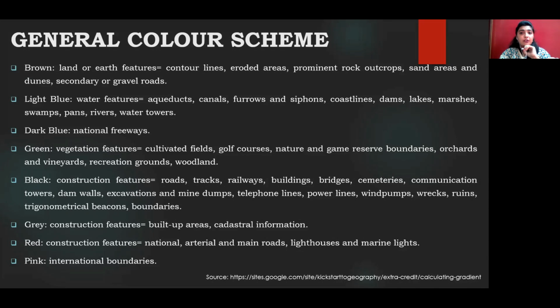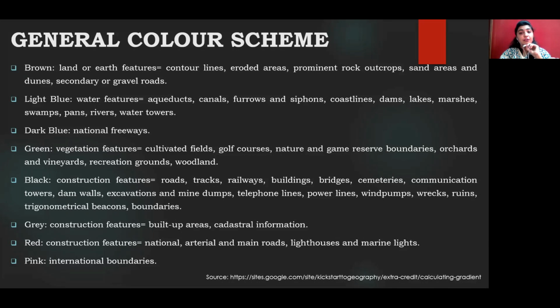When you look at the map and it shows you brown color, it is nothing but the land or the earth features. It may be in terms of the eroded areas, the sand dune areas, the prominent rock outcrop areas, or the gravel roads. All that will be depicted with brown color. The contour lines are depicted with brown color because it shows height.